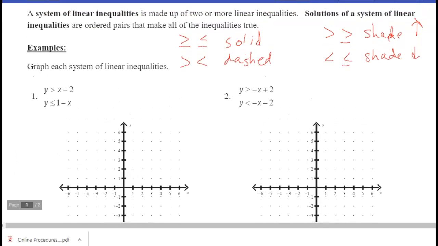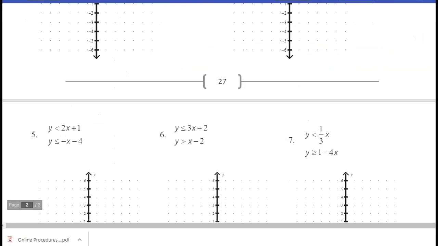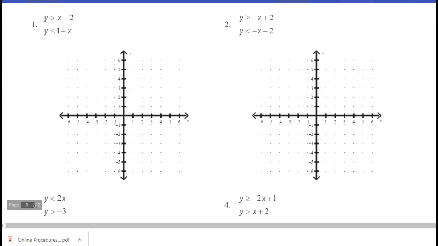Now that we have two of them, it says that solutions to a system of inequalities are ordered pairs that make all of these inequalities true. We're on page 27 if you needed to figure that out, but it's uploaded in Google Classroom, so you should be good to go. Anyway, let's graph this one. Y is greater than x minus 2. I'll do this one in red.